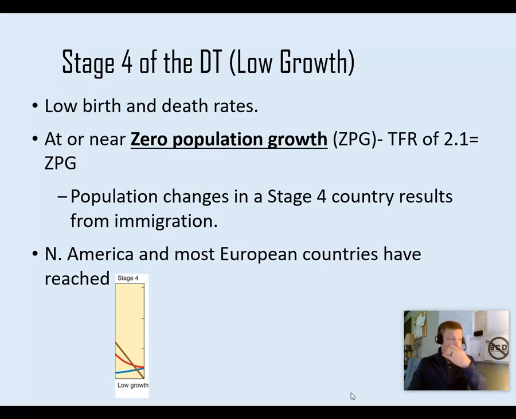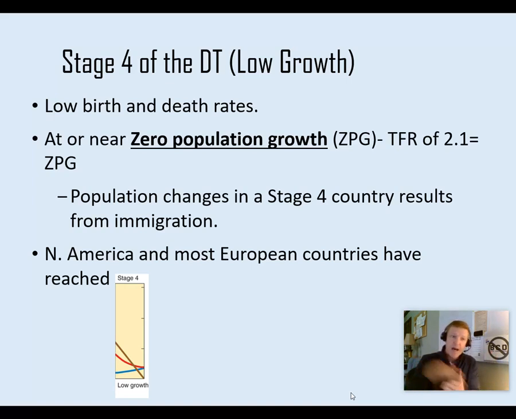So low birth and low death rate will give you zero population growth. An NIR of 0 gives you zero population growth. A total fertility rate of 2.1 gives you zero population growth. I don't want to get into the biology of the whole thing, but essentially you're having two people replace two people.